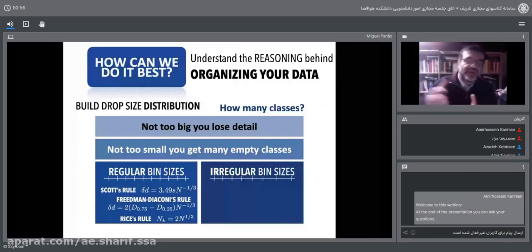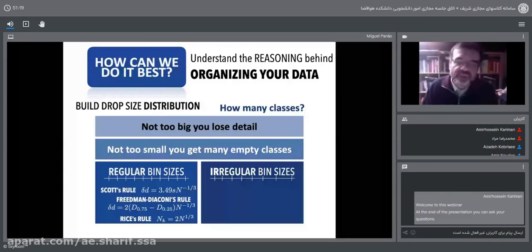But you can also have, as you saw, irregular bin sizes. When do you have this situation? Well, probably if you use, for example, a laser diffraction technique, mostly known as Malvern, to measure your distributions. The data that this technique provides is usually based on irregular bin sizes.